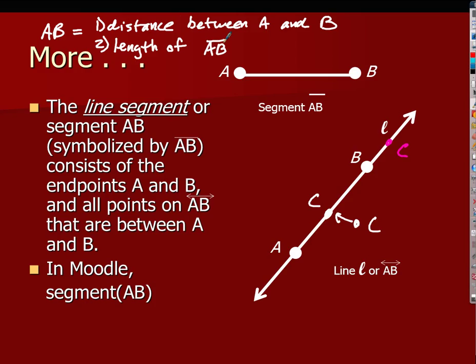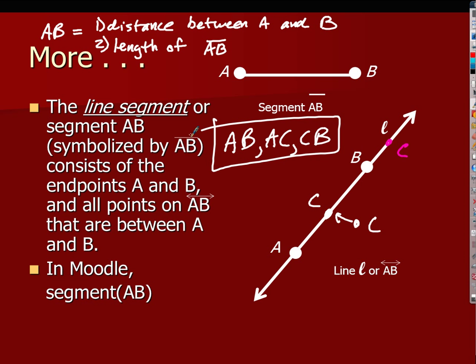How can we say that maybe in terms of, I'm going to give you another little hint here. How could I say that in terms of these three distances? The distances AB, AC, and CB. How could I write a relationship among those three distances which tells me that C has got to be in the middle of A and B somewhere?